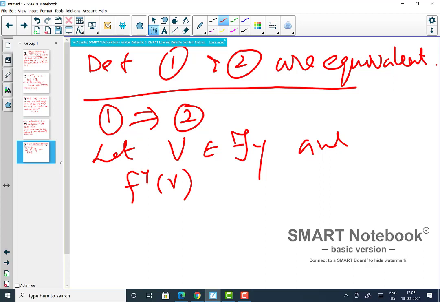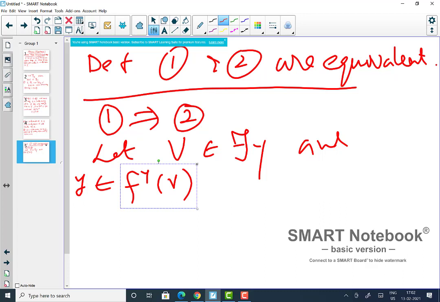So how do I check that? You choose a point y belonging to f inverse V. If I prove that f inverse V is a union of open sets, then I am done, because a union of open sets is open.